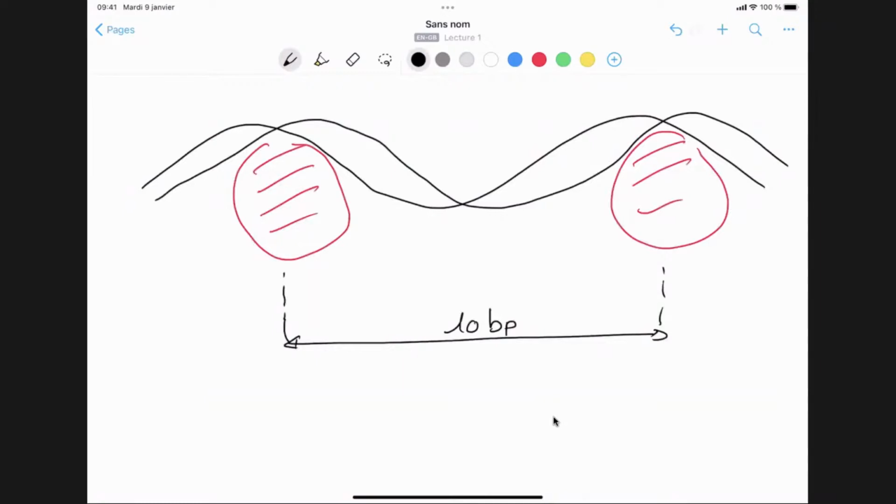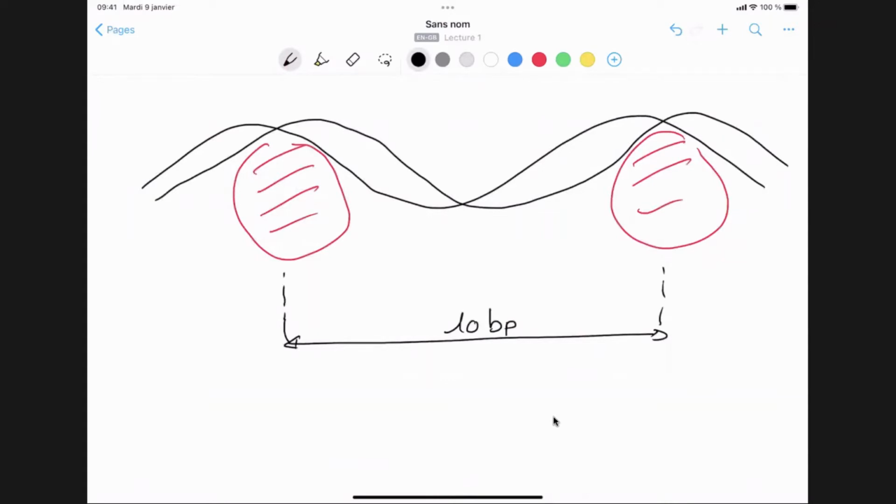They are separated by 50 bases. 50 is a multiple of 10. Do you agree? So if you check for 50 bases, you've got 5 turns of DNA, and 50 bases away, you have the two major grooves of DNA on the same side.